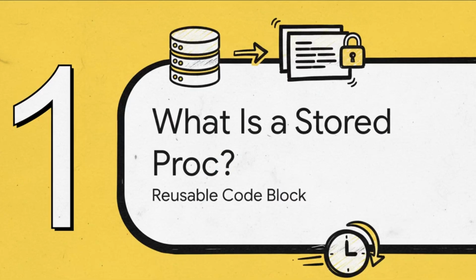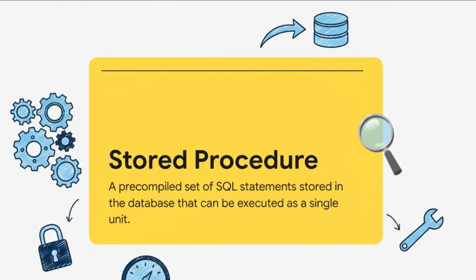Okay, so let's get right into it. First things first, what is a stored procedure exactly? The easiest way to think about it is like a reusable script, a block of code that actually lives inside your database, just waiting to be called whenever you need it. All right, let's look at the official definition for a sec.